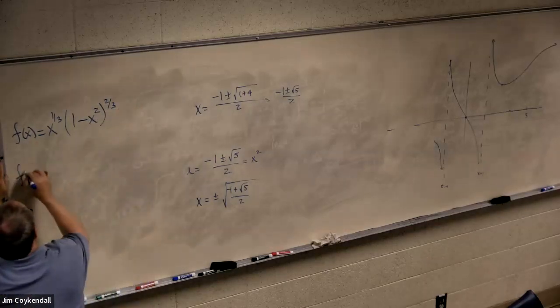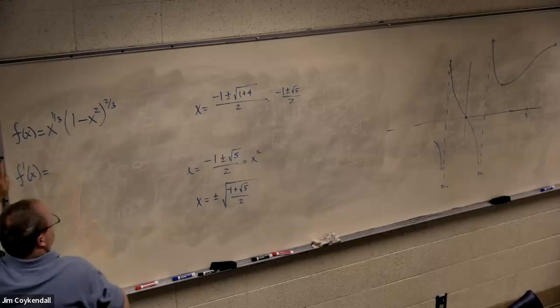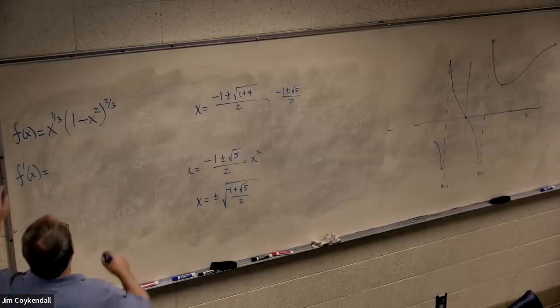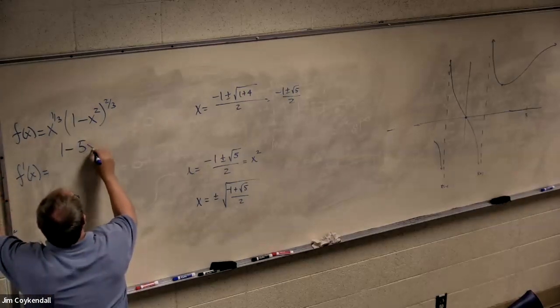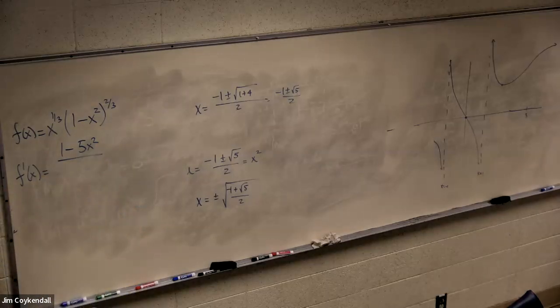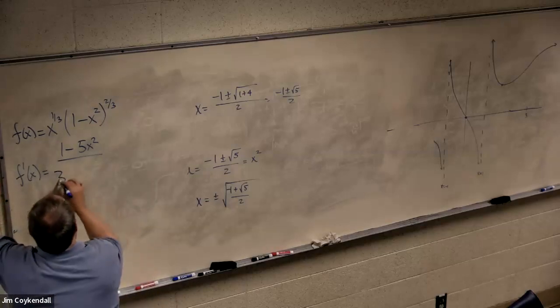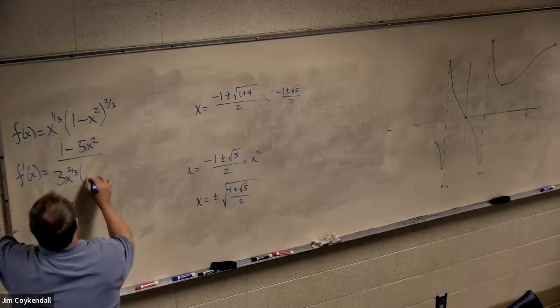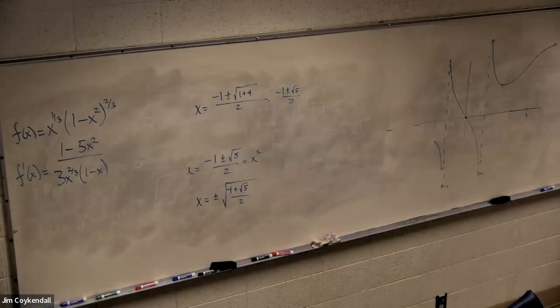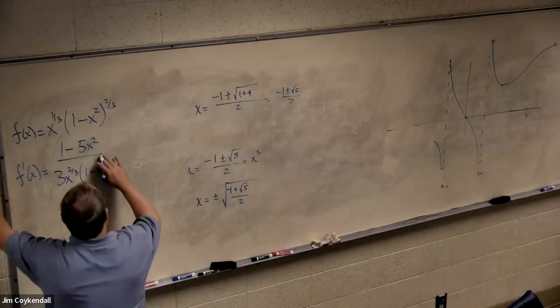Now let me go ahead and derive this here. The first derivative is 1 minus 5x squared over 3x to the 1/3 minus x squared to the 1/3.